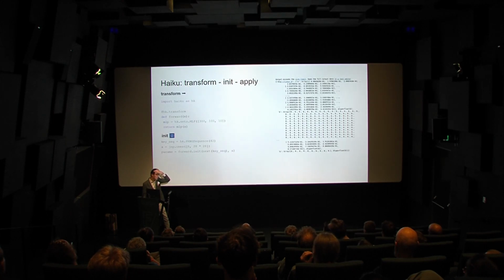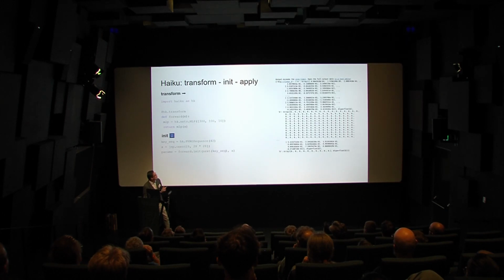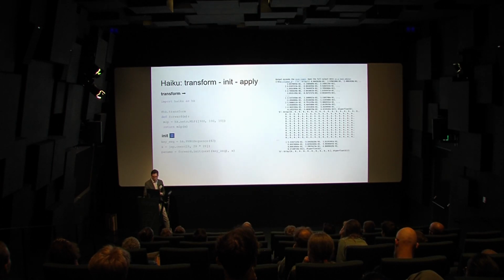So a pytree is a tree-structured form, and here you can see all the weights of the network, and it was initialized using this pseudo-random number generator key. So the W of the first layer, the weight of the first layer, the bias of the first layer, then for the second layer, and so on.